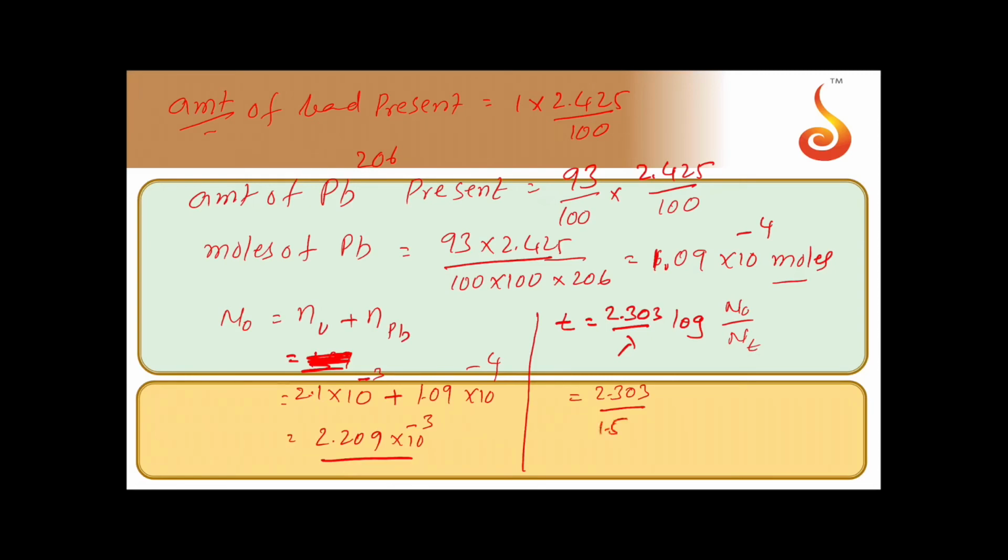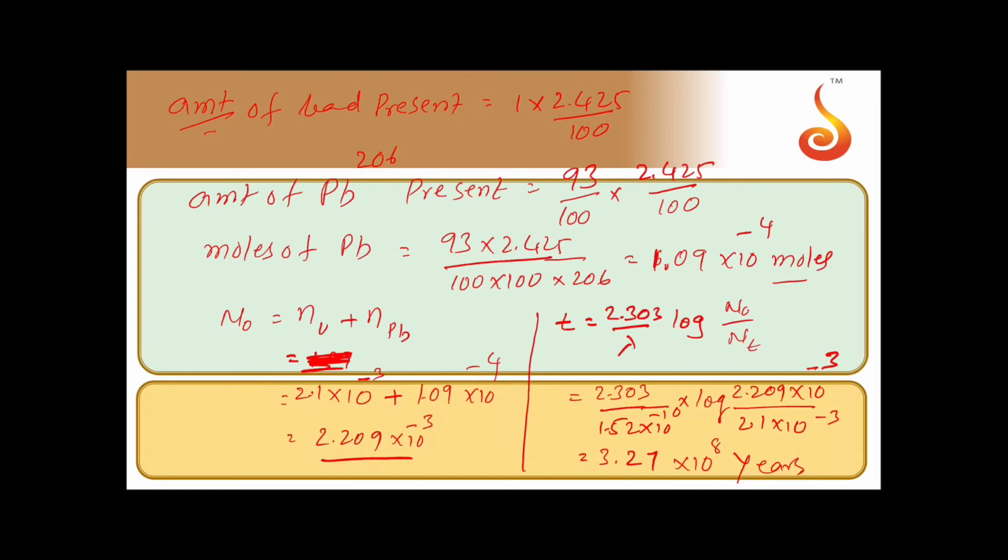Lambda is given as 1.52 × 10^-10, into log of N0, which is 2.209 × 10^-3, divided by Nt, which is 2.1 × 10^-3. After simplification, finally you arrive at 3.27 × 10^8. So that many years is the answer for us.